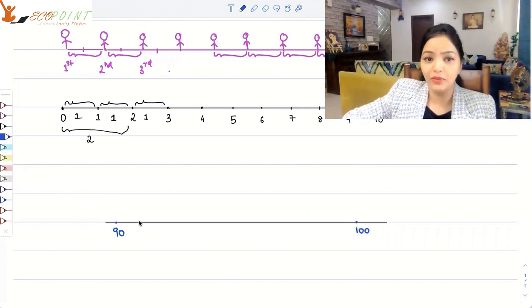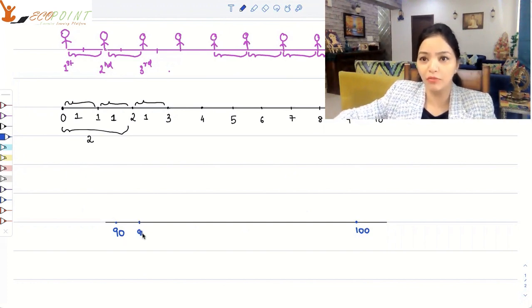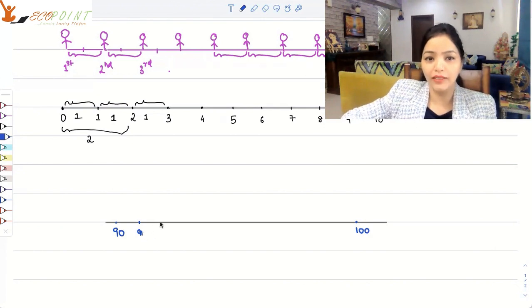But yes, when you are quoting 91, if you want one natural number up on the number line, they all have to be equidistant. So the distance between 90 and 91 should be the same distance portrayed between 91 and 92.